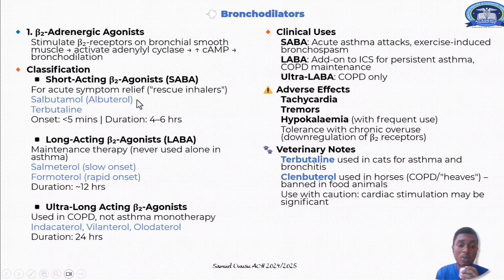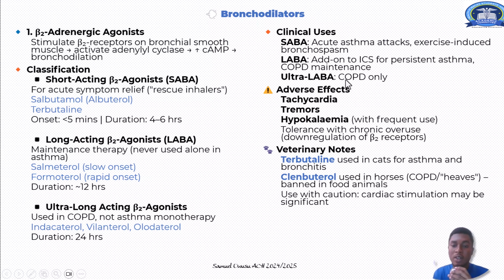So whatever agent you want to use, you have to use an inhaled corticosteroid. You start with a low dose, and then you move on to a higher dose when the management is not working. And so the clinical use is that when you have acute asthma attacks, you want to give short-acting beta agonists, not alone, but with an inhaled corticosteroid as well, and long-acting beta agonists the same thing like I mentioned.